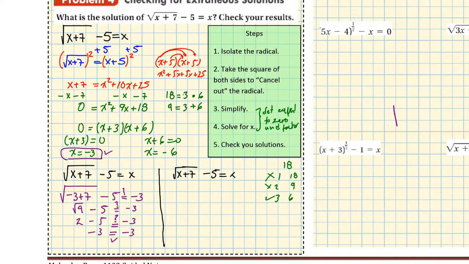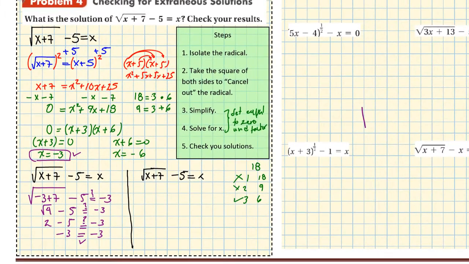Now let's look at the other one. For the other one, we're going to do exactly the same process. Plug in -6. So you get the square root of 1 minus 5 is equal to -6.